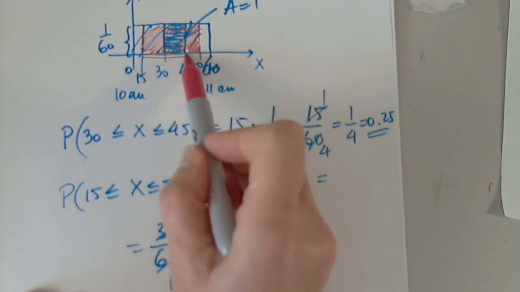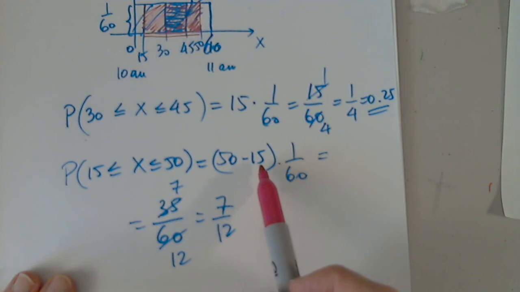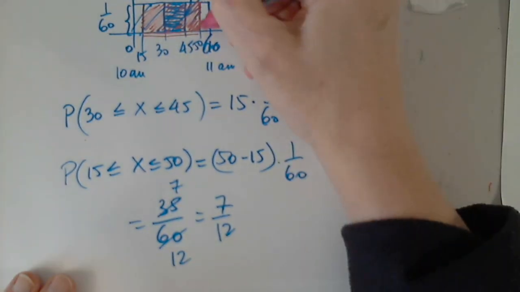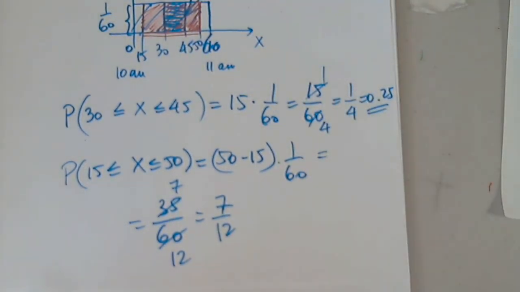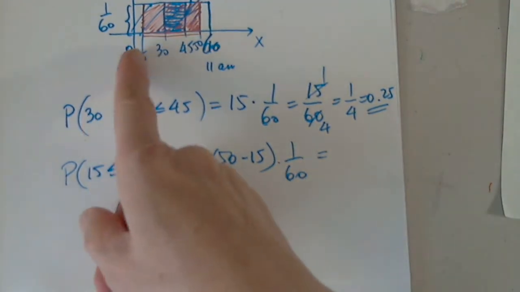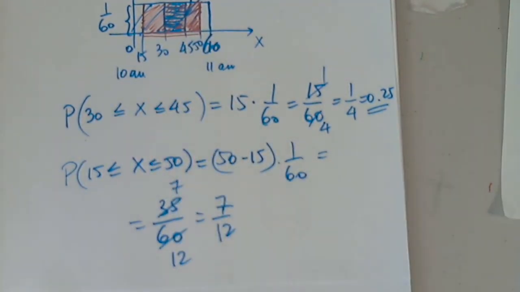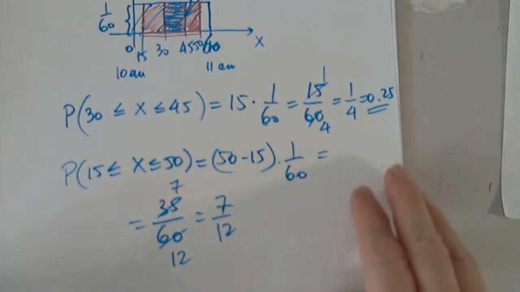So this is the base, which is 50 minus 15, and the height is still 1 over 60, because every minute we can get the package, and that is equally likely over the interval between 10 a.m. and 11 a.m. Is that better? That's perfect. Thank you so much.